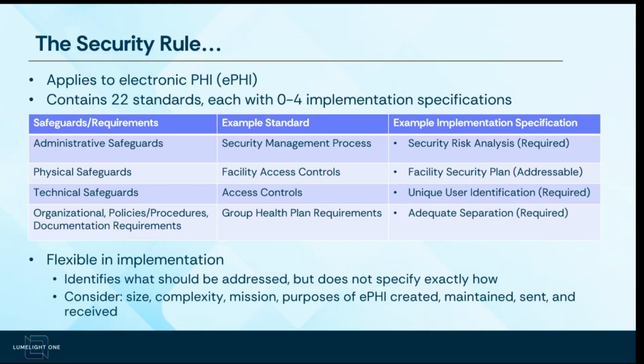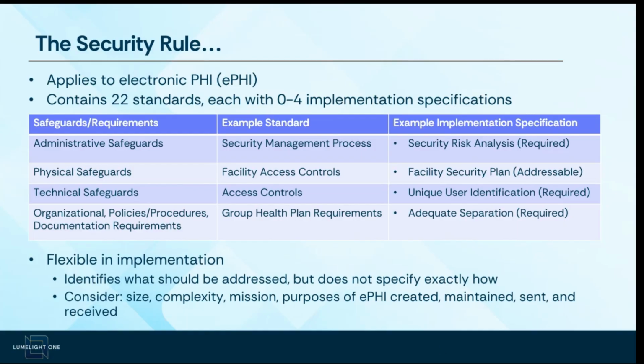The security rule was written to be flexible in its implementation in recognition of two facts. One, technology advances much more quickly than legislation can be updated. And two, covered entities come in all shapes and sizes, and so they are permitted to take into consideration their own size, mission, and purpose of holding ePHI when deciding what security measures are appropriate for addressable implementation specifications.